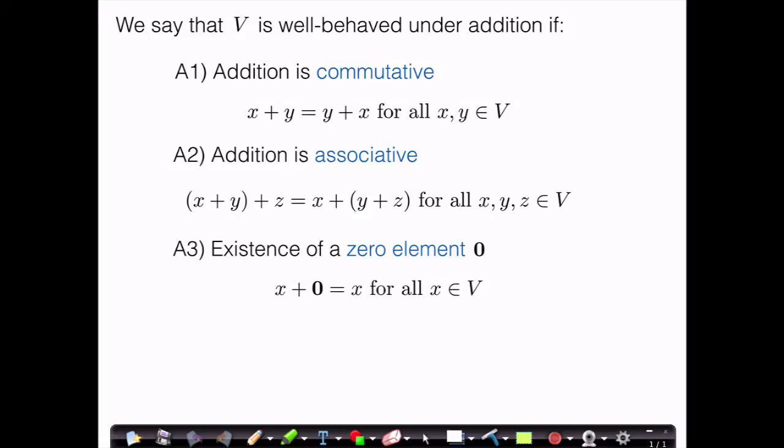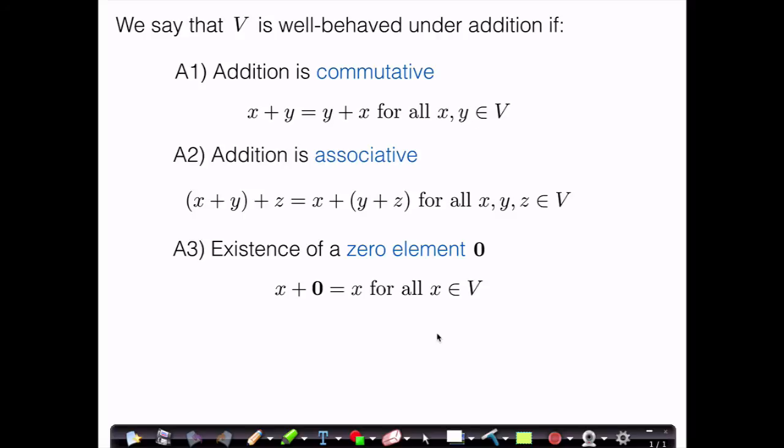The third condition is the existence of a zero element. So that means that there's some element in V that we're going to denote by this boldface 0 that has the property that under addition, it doesn't change what it's added to. So x plus 0 is equal to x for all x in V. So in the case of Rn, the zero element is just the all zero vector, right?